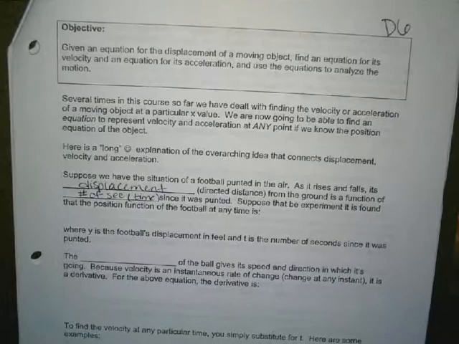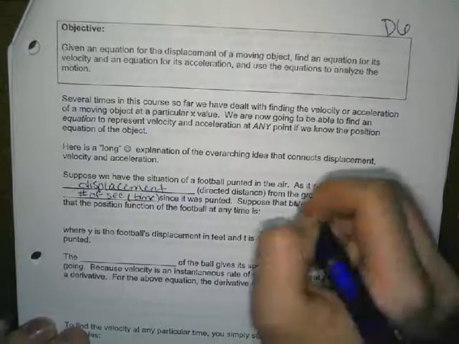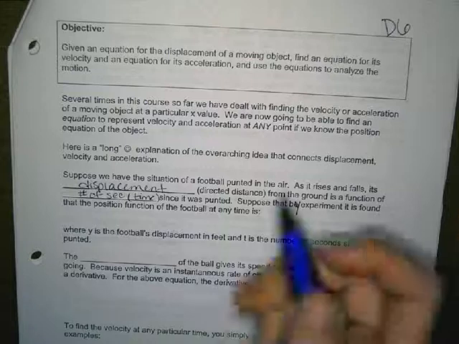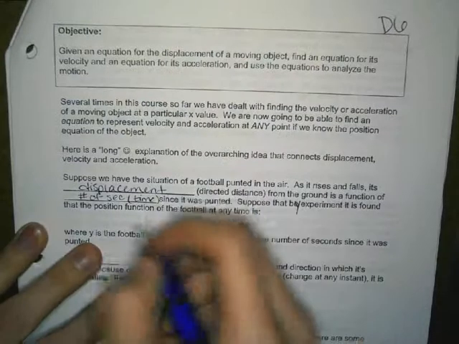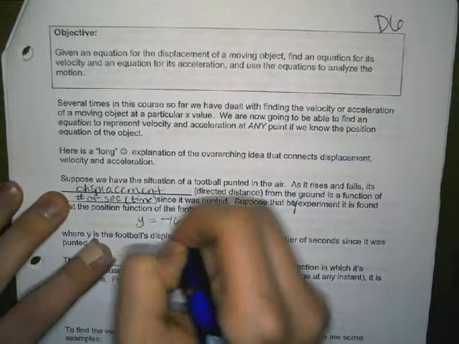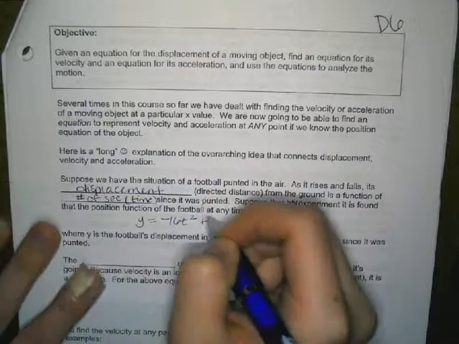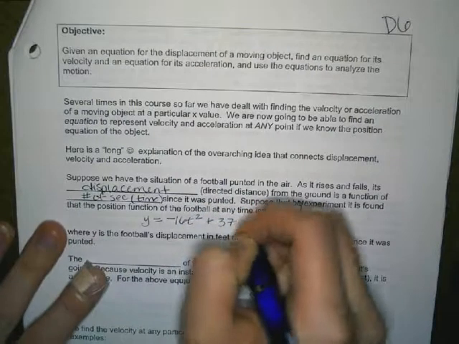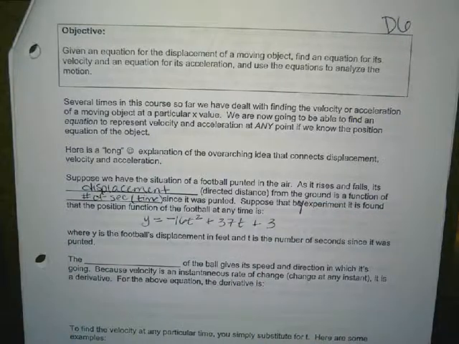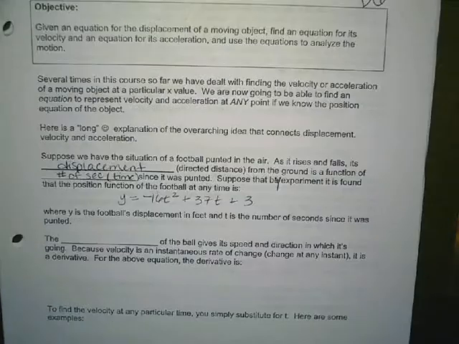Suppose that by experiment it is found that the position function of the football at any time is given by this equation: y equals negative 16t squared plus 37t plus 3, where y is the football's displacement in feet and t is the number of seconds since it was punted.